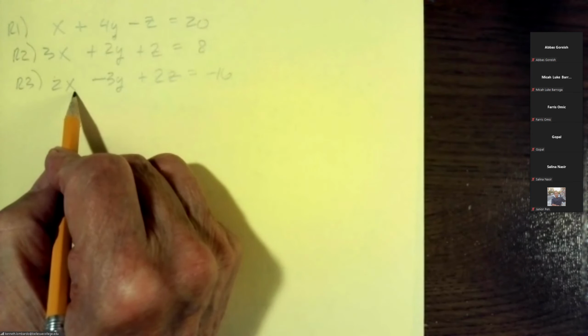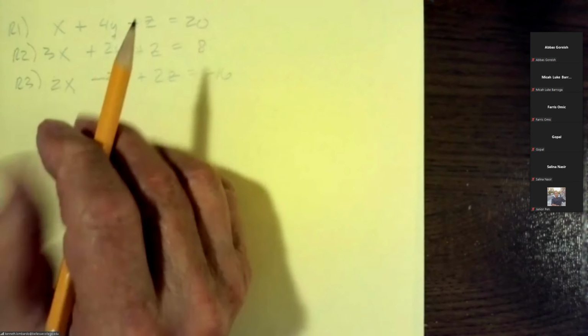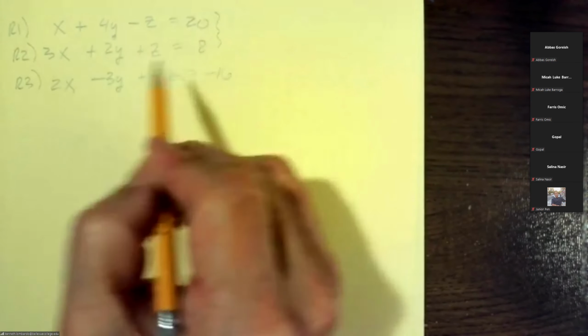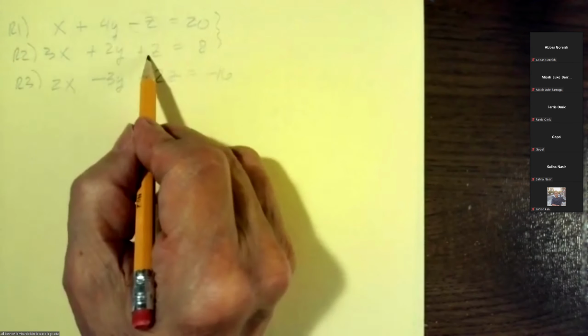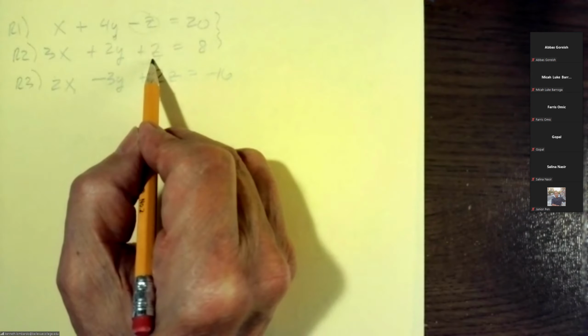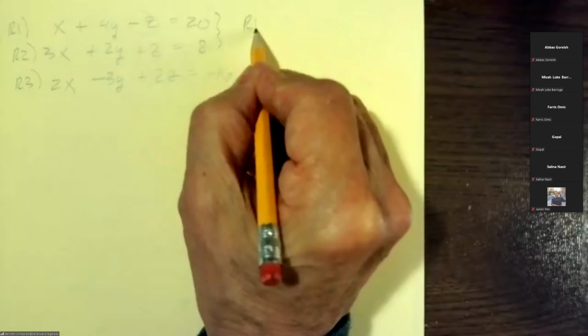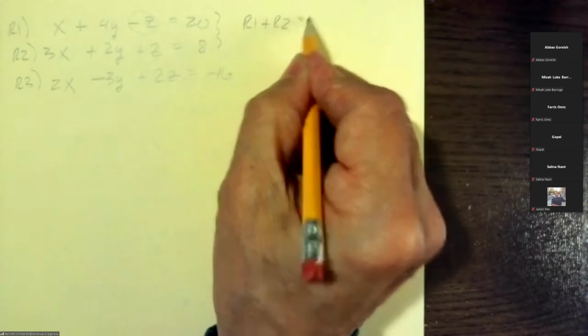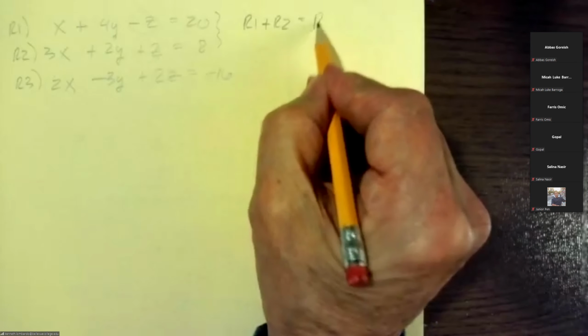So the idea is I want to see if I can eliminate a variable. And I look up here and I see, you know what, I've just got one of the z's and one of the z's here. So I could add row 1 plus row 2 to generate, I've already got row 3, so let's call it row 4.